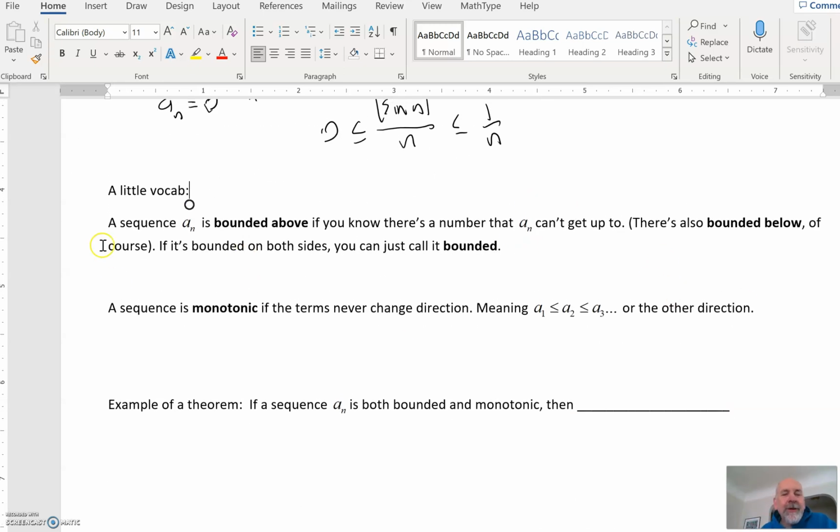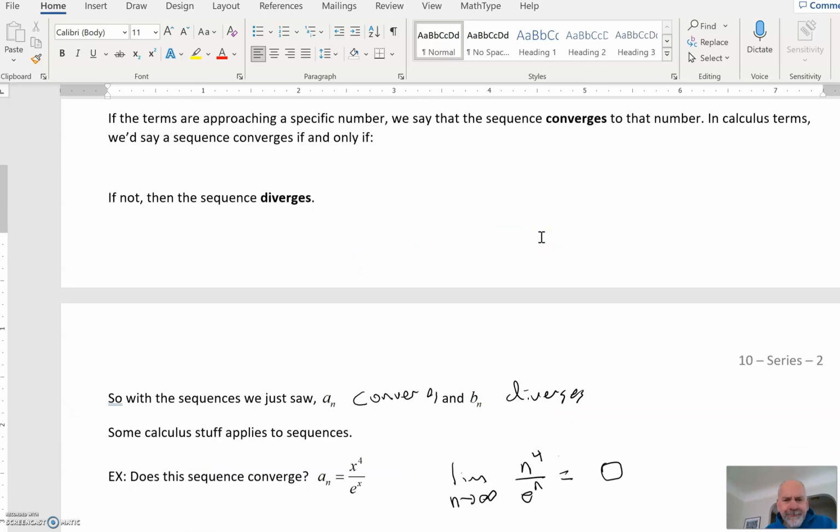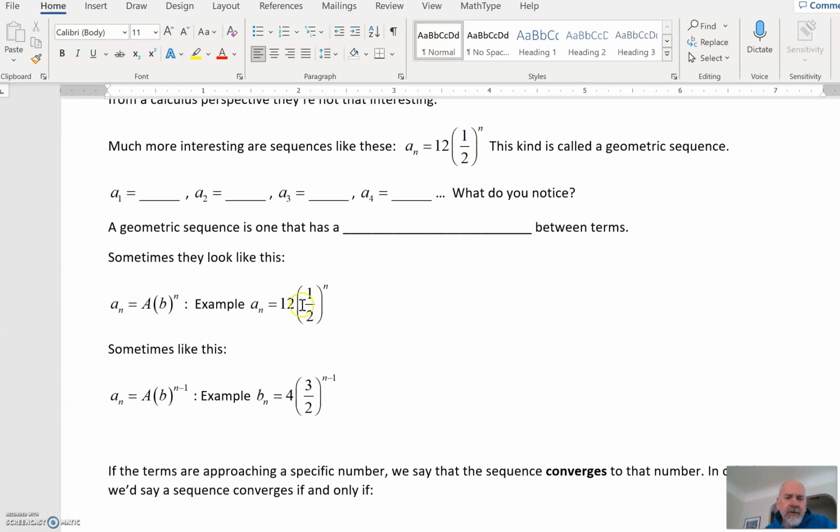And then there's a little vocab here. A sequence is bounded above if you know there's a number that it can't get up to. So for example, this sequence that we saw right here, it's bounded by 12 because it can never go past 12. Right? It's never going to get bigger than 12. Remember, n on these is always going to start with 1, 2, 3, 4. You can't put negative numbers in for a sequence. It's got to start with 1.